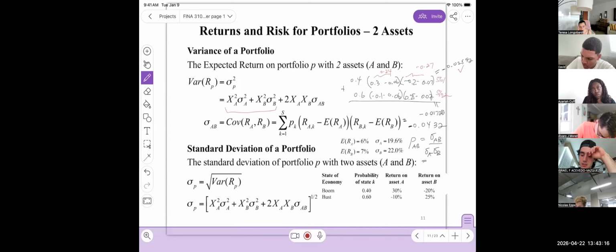Because remember, covariance, we don't have a real handle on what is 0.0432. Is that strong? We don't know. Covariance just tells us the direction, not the strength. So you have all this data on this page to get me this number.